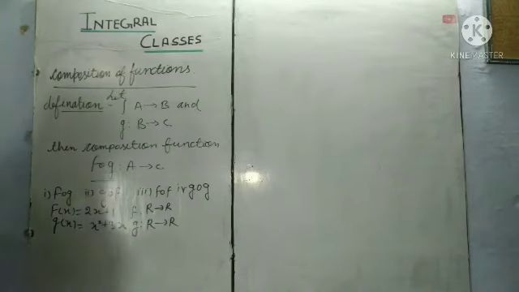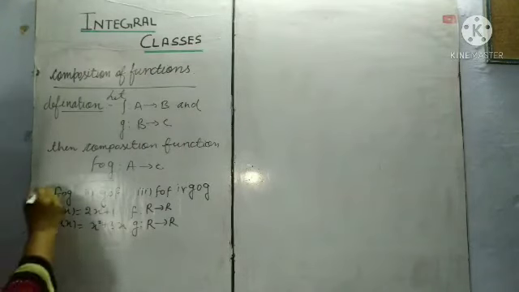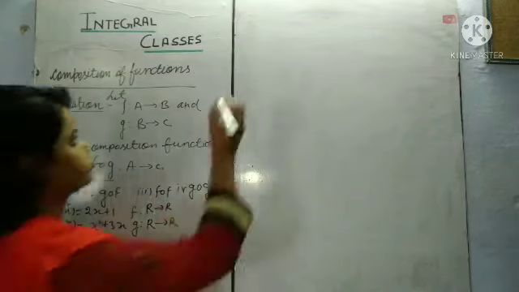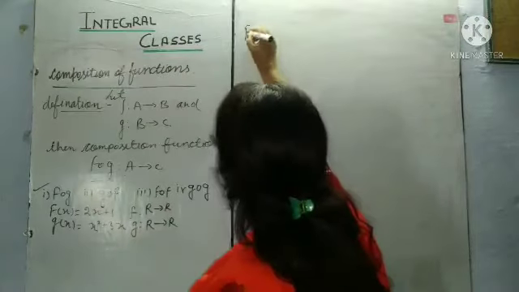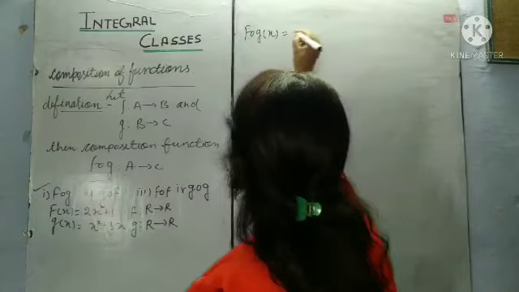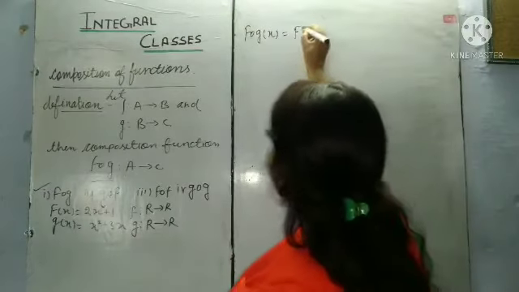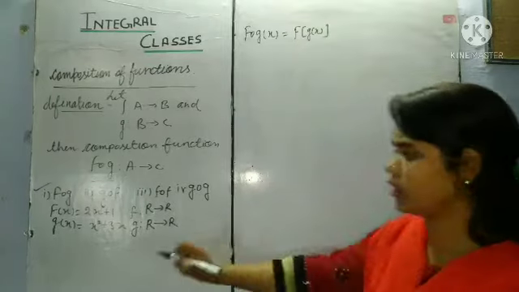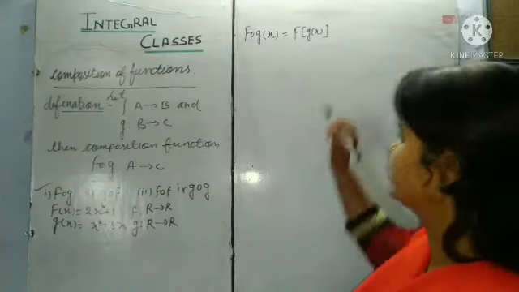Now we will discuss the first case, fog. We will write f(g(x)). What is g(x)? x² + 3x.